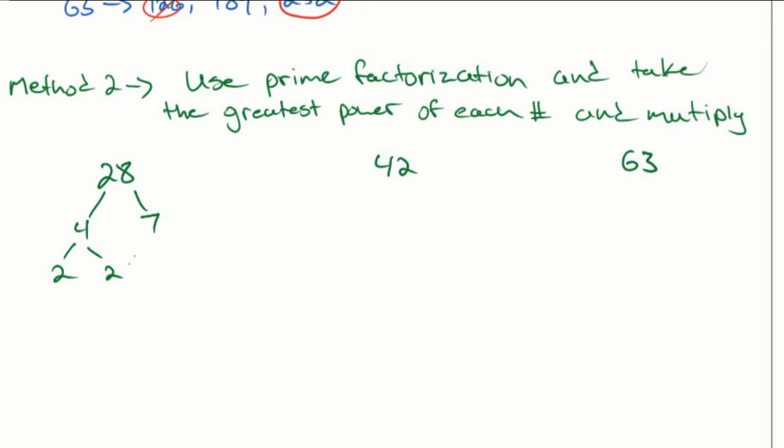So there we go. It's factored to primes. 42, a bunch of different ways you could break that down. I like 21 and 2, 21 is 7 and 3. 63, 9 and 7, 9 is 3 and 3.